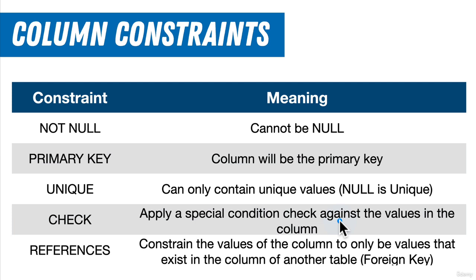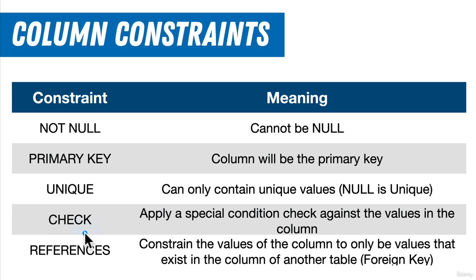Here's something that Postgres doesn't have out of the box, but here's a special condition that I want you to check for the values in this column. And this could be, for instance, that email validation we spoke about, that phone number validation we spoke about, that you want a specific sequence or that you want specific characters to be present or whatever else. You can fill in unique special conditions to check against. And that is what check is for.